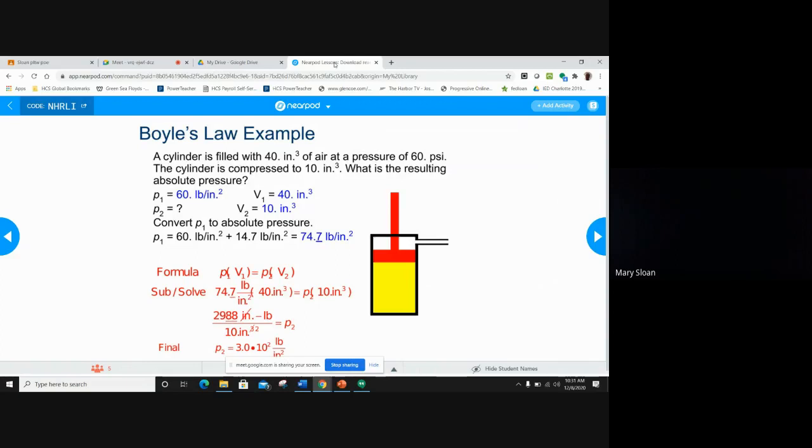What did you get? 298.8. And so if we go in here and change our mode to scientific and do second answer enter, what do you get?